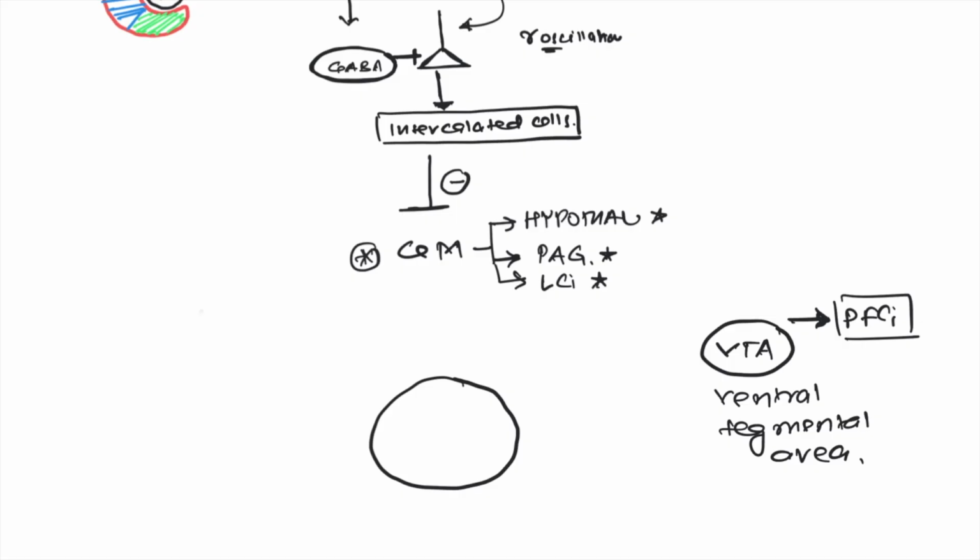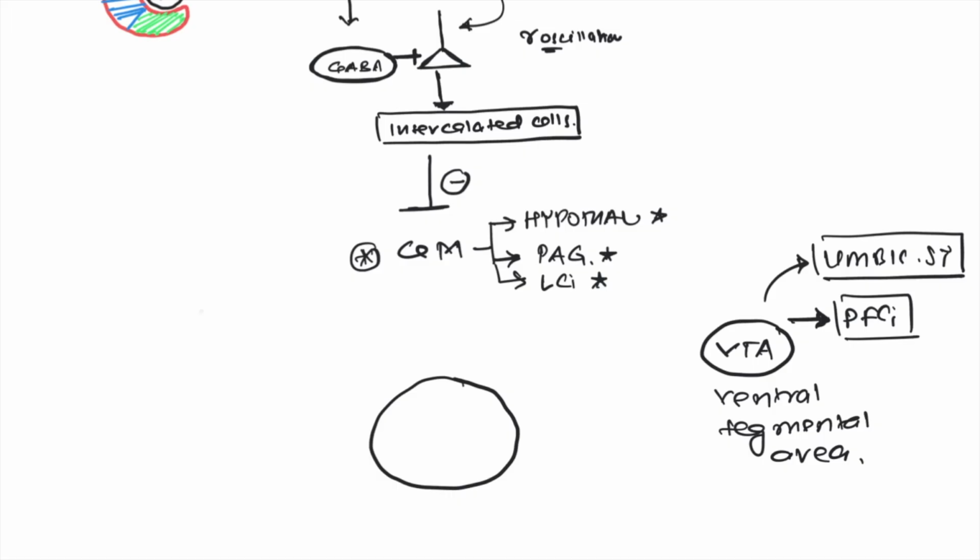It also sends a projection to your limbic system, which is called the mesolimbic pathway. We're going to talk about the mesolimbic pathway in detail when we talk about schizophrenia.